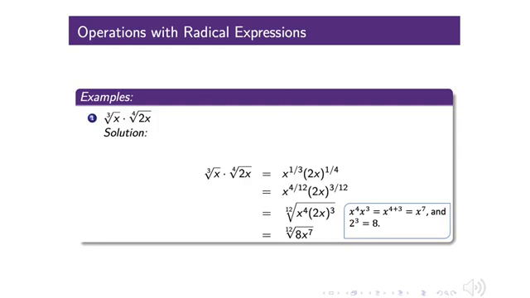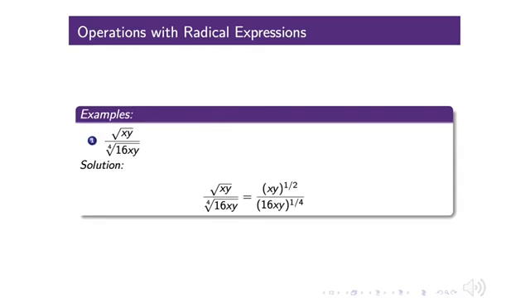Then the 12th root of x to the power of 4 times (2x) to the power of 3 is just equal to the 12th root of 8x to the power of 7, since 2 to the 3 is 8, and the product of x to the power of 4 and x to the power of 3 is just x to the power of 7.